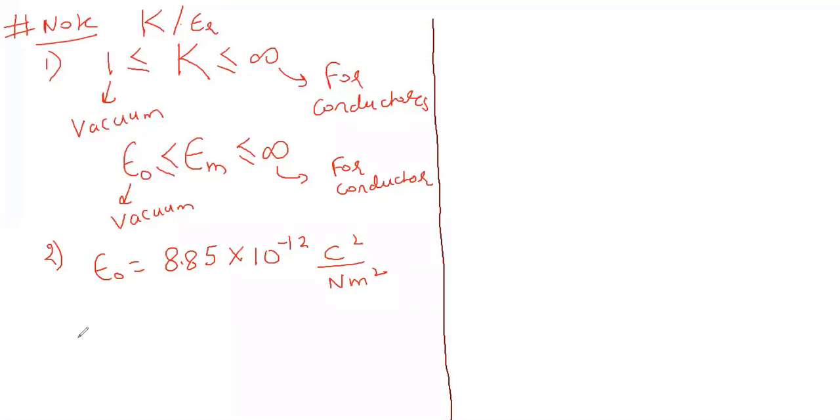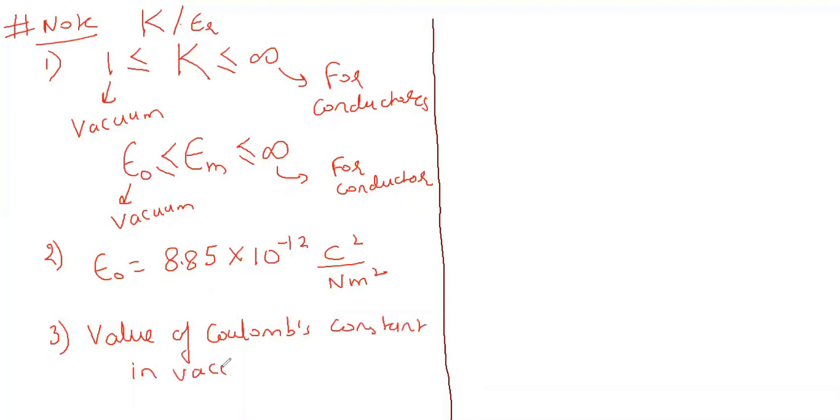Now moving on, if we are asked about the value of Coulomb's constant in vacuum, what is its value? So I'll tell you. It is small k, not capital K, small k.